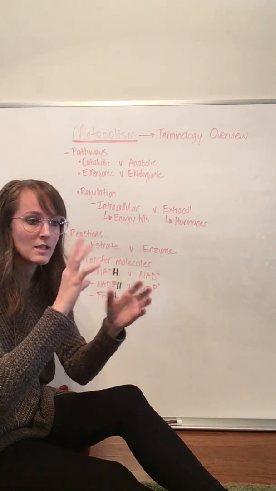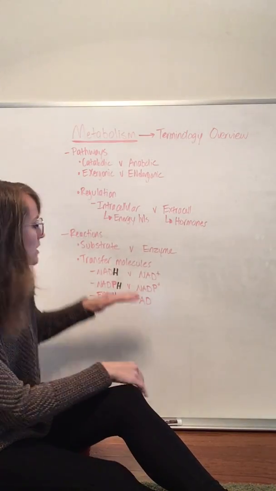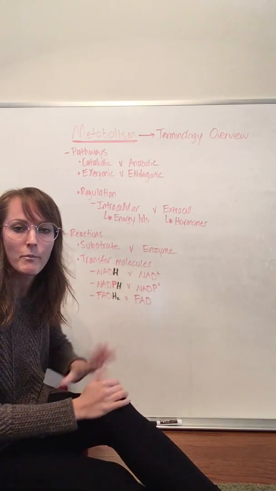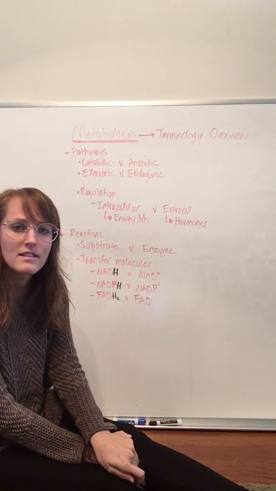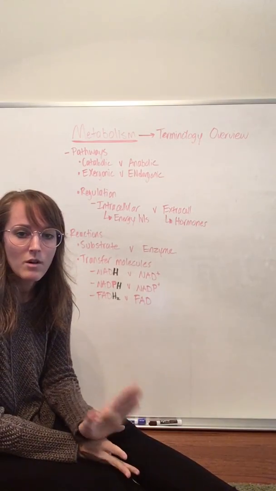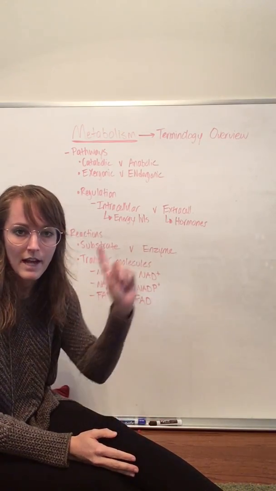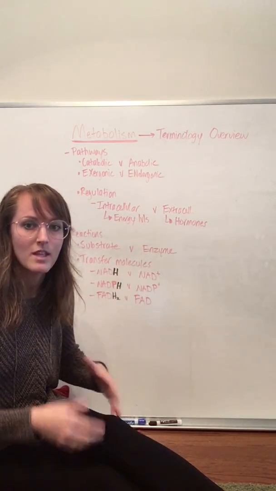The food that we're eating is being broken down, hydrogens are flying off onto these transfer molecules. Specifically with the catabolic reactions, we're thinking of the NADH. We'll break those down in another video, but I think that does it for the overview with just some terminology. My next video is going to be just covering that analogy, or the diagram I said I was going to draw to kind of explain how these things relate together in a visual picture.